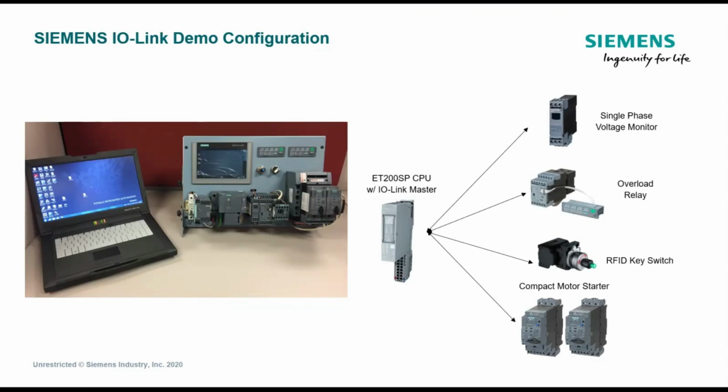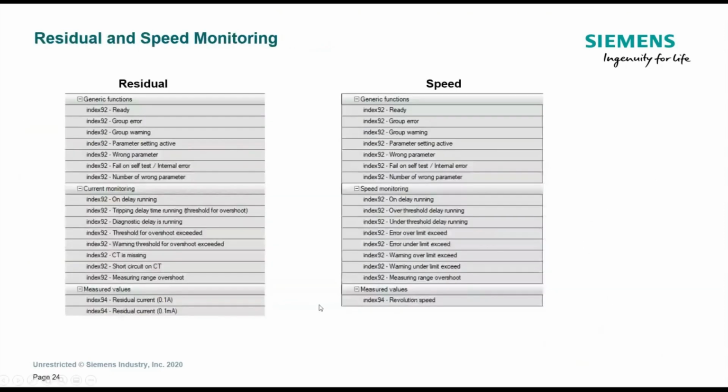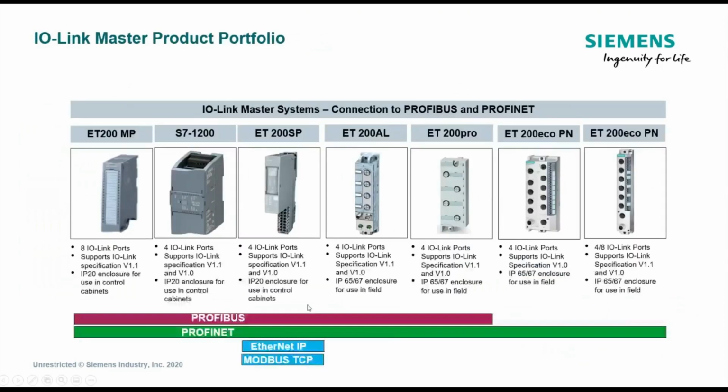So John, one question that just came in, does this work with the 1200? Yes, it does. Let me go back to my master slide, and you can see here's a master module that fits on the S7-1200 format. This module goes to the right of the CPU. If you're familiar with the 1200, modules to the right of the CPU are basically digital I/O cards.